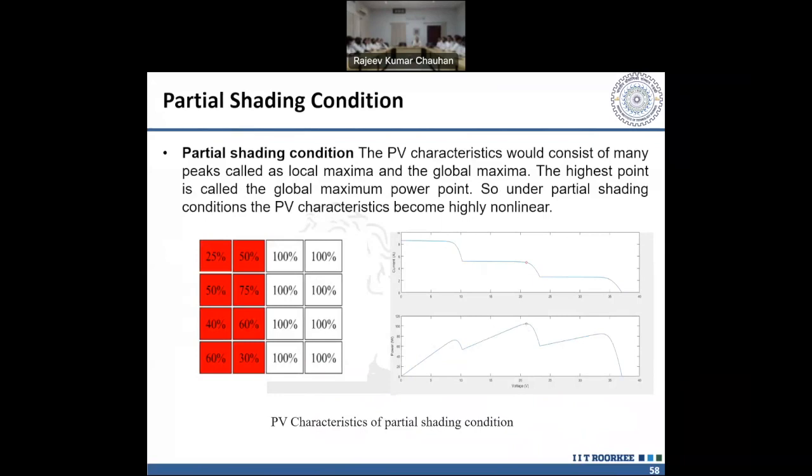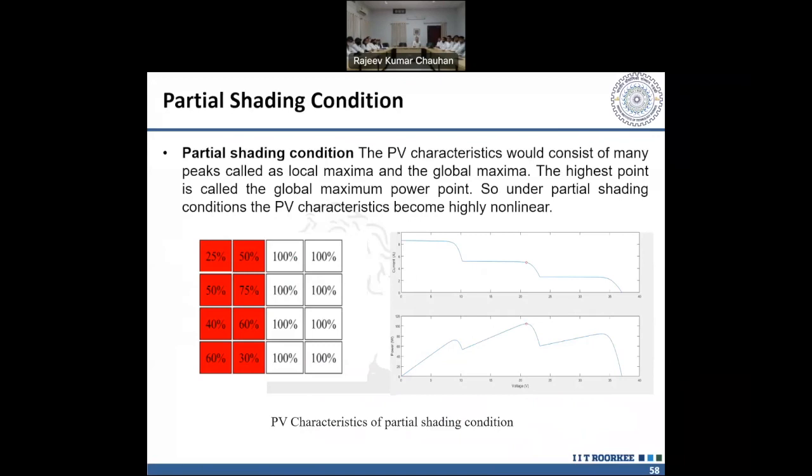And most commonly, another problem will come. If there is partial shading, here on the solar panel, full sunlight is there for a few panels, and either clouds are there or some shadow is falling on the others. Like 25% shadow, 50% shadow, 100% light. Then these characteristics will look like this.